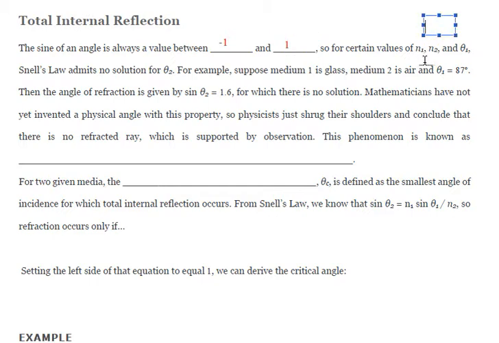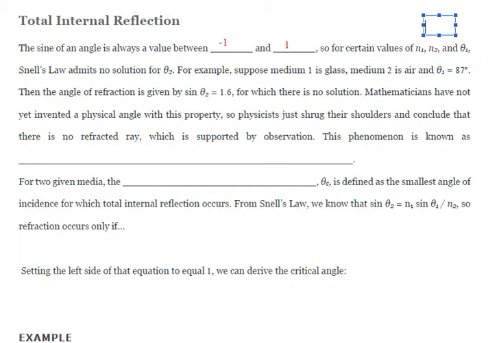The highest it could possibly be is +1. So that means for certain values of index of refraction and some angle of incidence, Snell's law actually doesn't give us any solutions for theta 2. It's mathematically impossible. So let's say we have glass for medium 1, and for medium 2 we'll have air.